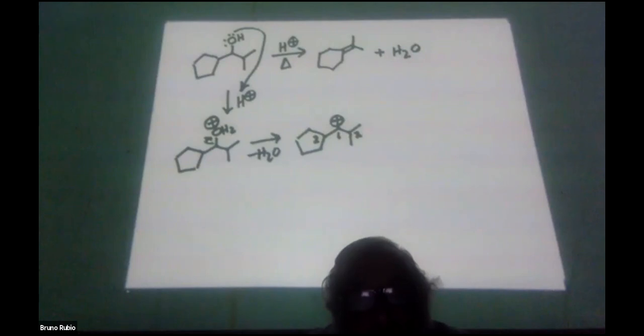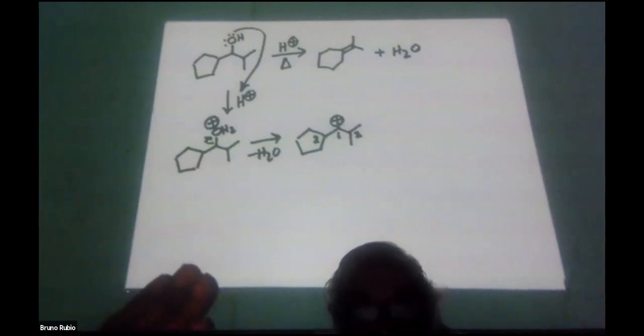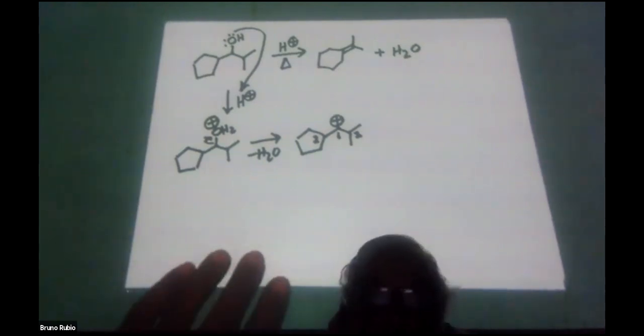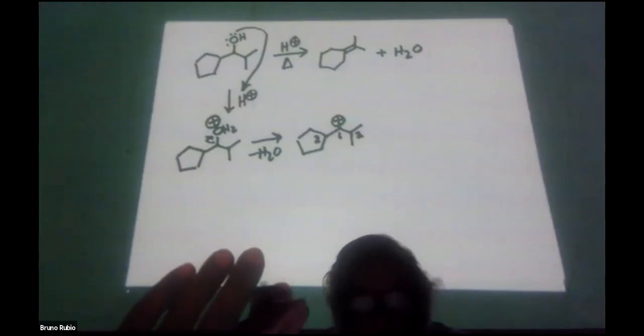Okay, and now something bonded to carbon 2 is going to pull out of carbon 2 and plug into carbon 1. The charge is going to move from carbon 1 to carbon 2. And we always have to remember that the carbocation rearrangement is going to feature going from a less stable ion to a more stable ion.